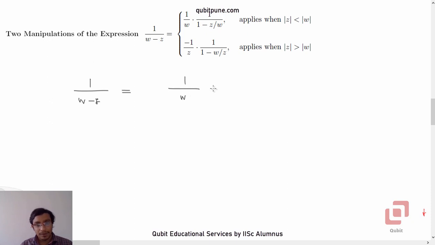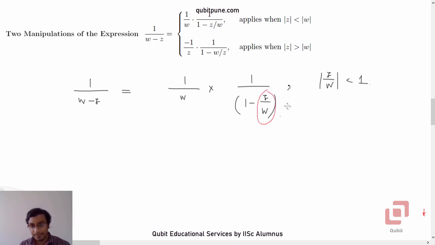So it is going to be 1 upon w times 1 upon 1 minus z upon w, which means the expression 1 upon w minus z can be associated with a geometric series when the modulus of z upon w is less than 1, because this is now like r.